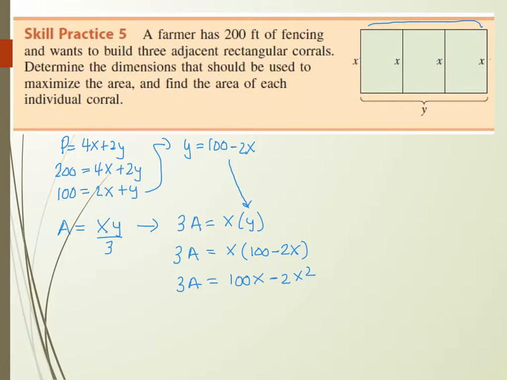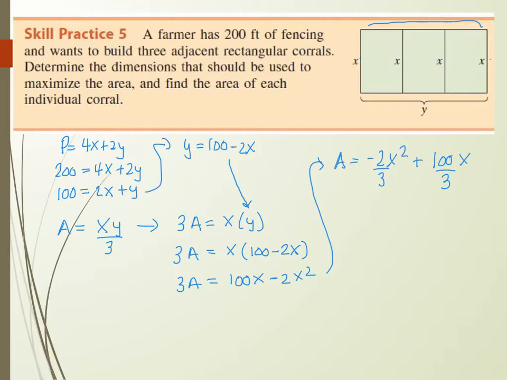And so now I can do one other thing. I can divide area out by 3. I get minus 2x squared over 3 plus 100x over 3, and now I can find the maximum area.